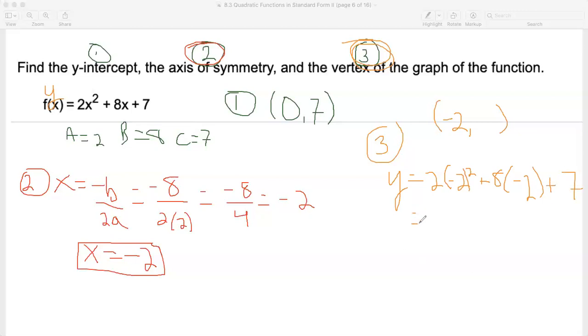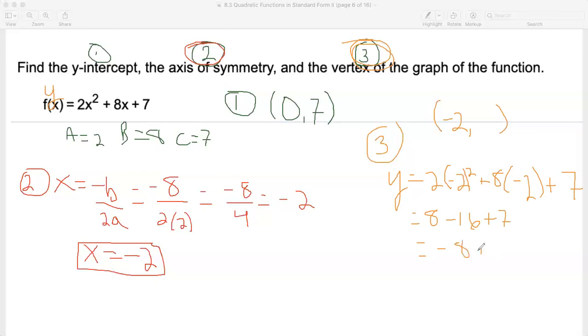All right, now let's just clean it up. So -2 squared is 4. 4 times 2 is 8. Remember, do not distribute the 2 in because you have to do exponents first. Okay, now 8 times -2 is -16. And then plus a 7. So now I'm just going to clean up left to right. So 8 minus 16 is -8.